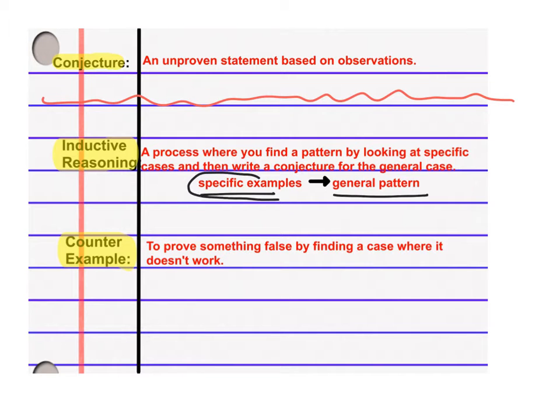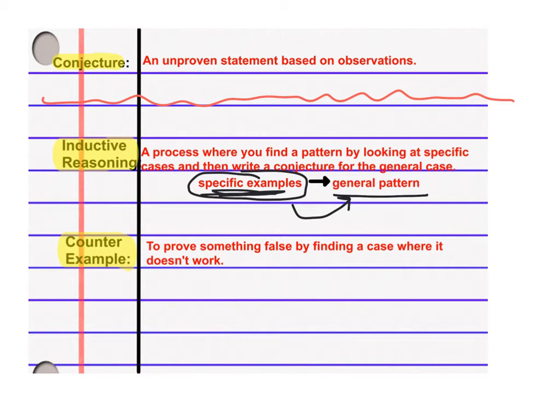Maybe you notice, wow, I eat peanuts and I get a rash. Then you might think, maybe I'm allergic, and you might come to the general conclusion that I'm allergic to peanuts based on your specific observations of getting a rash. That would be inductive reasoning: seeing specific examples and making a general conclusion.